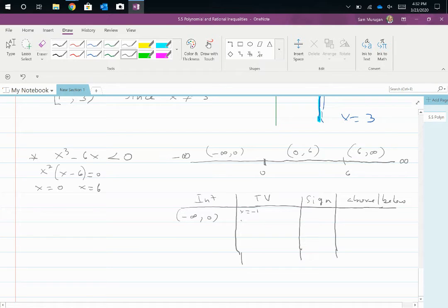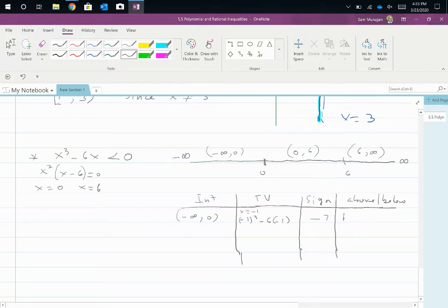We're substituting negative 1 cubed minus 6 times negative 1, and if we work that out, we get a negative number, negative 7 to be exact, but that's not important.